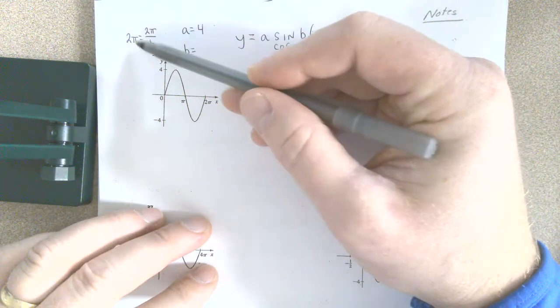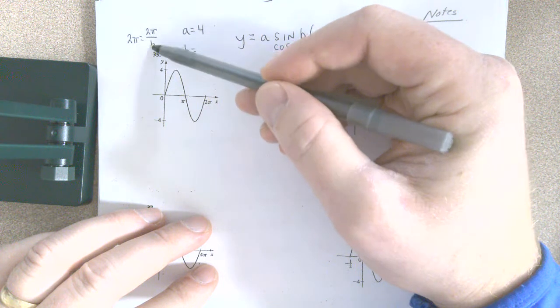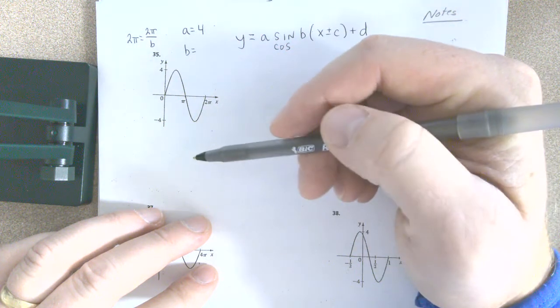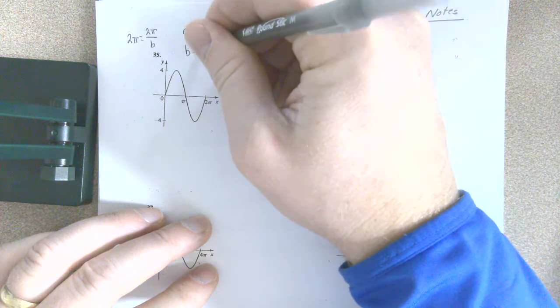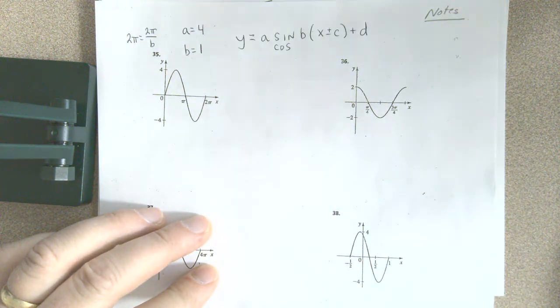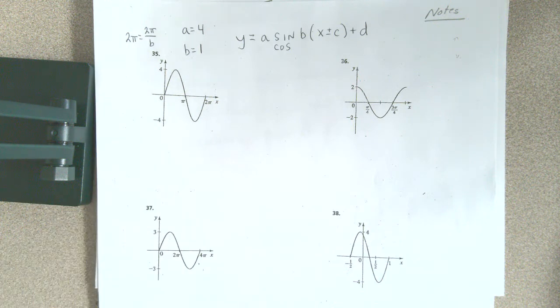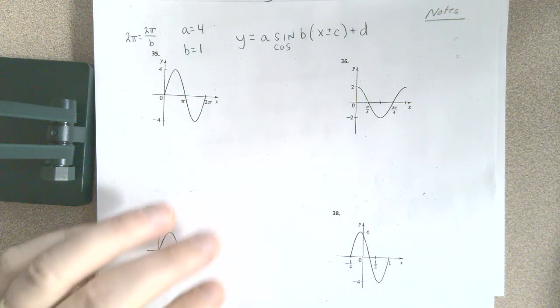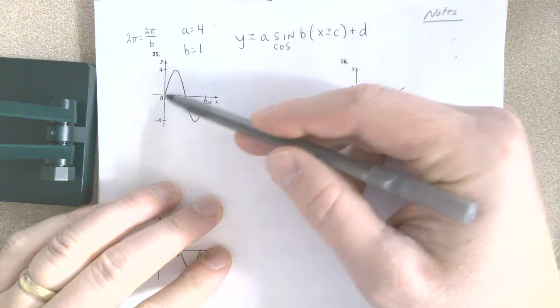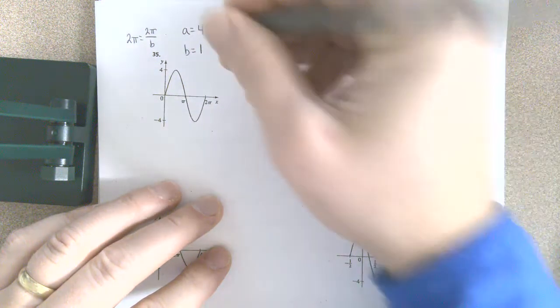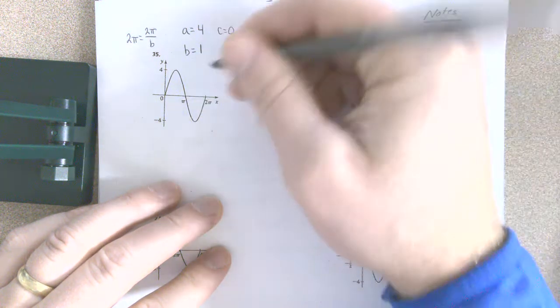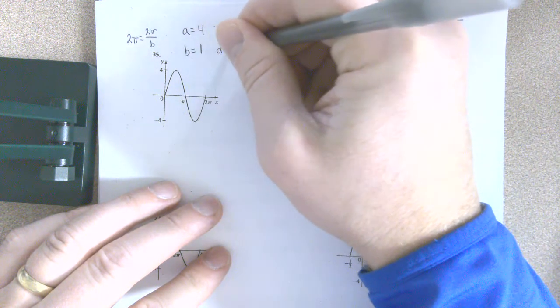Well, if 2 pi is equal to 2 pi over b, what does b have to be here? It's just going to be 1. My c value is my shift left or right. For the sine curve, I'm not shifting left or right at all because I'm starting at 0. So c is just going to be 0. And I'm not shifting up or down, so d is also going to be 0.